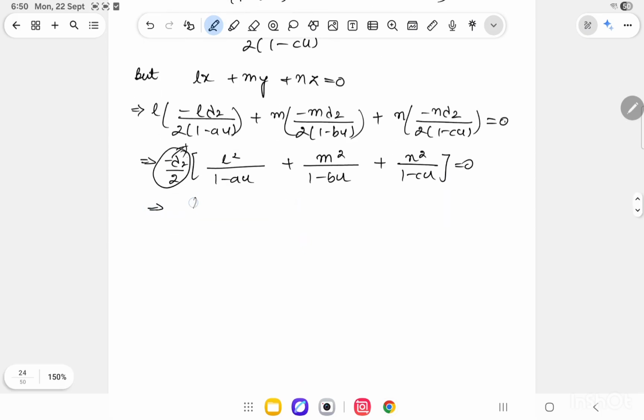So from here I get l square by (1 minus au) plus m square by (1 minus bu) plus n square by (1 minus cu) equals 0.